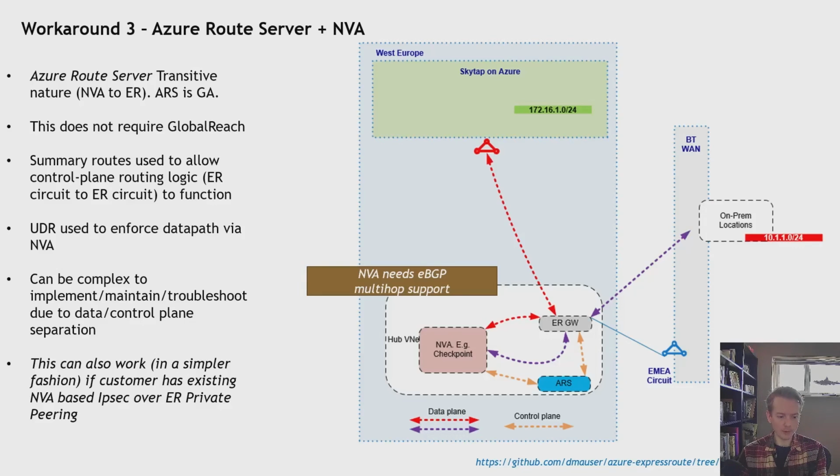So as Daniel explains in his article, we can use this behavior combined with some UDR logic and some summary routes to attract traffic from red to purple and force it to go via an existing NVA that lives inside of the hub VNet, as long as that NVA has got support for eBGP multi-hop.